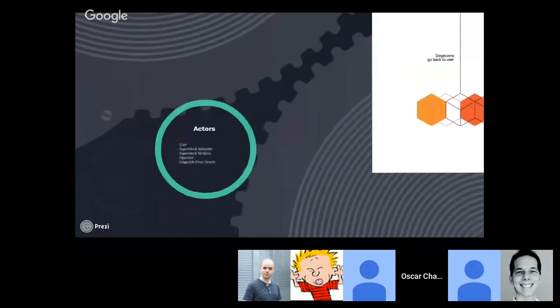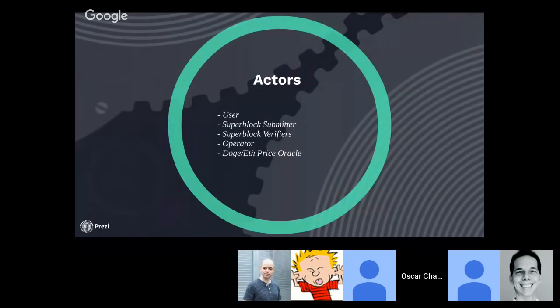Yes. Okay, so let's review the actors that are part of this system. The main actor is the user. The user can convert Dogecoin to Doge tokens and convert Doge tokens back to Doges. The user can also transfer the tokens to her MetaMask wallet and use those tokens as any other ERC20 token. The Superblocks leaders are responsible for keeping the contract up to date with the news on the Doge blockchain.